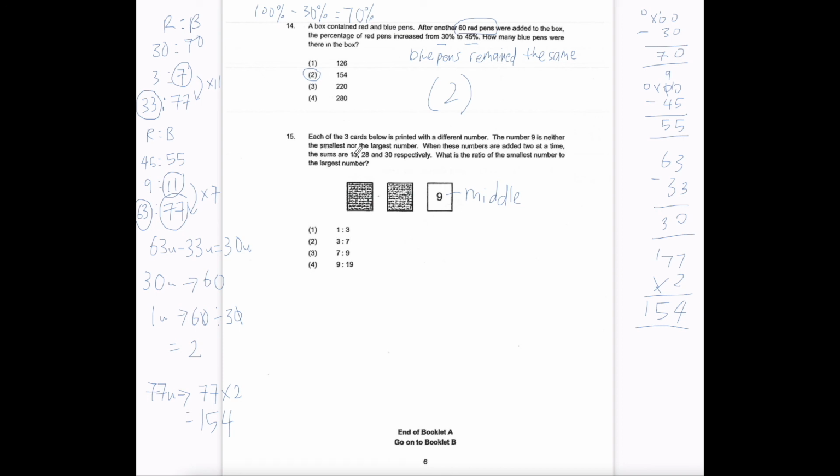Okay, so I'm going to circle these 2 numbers. Okay, these are 2 numbers we should take note of, because this is the smaller sum and this is the bigger sum. So when there's a smaller sum, what does it mean? That means that it's the sum of the smallest number plus the second number.